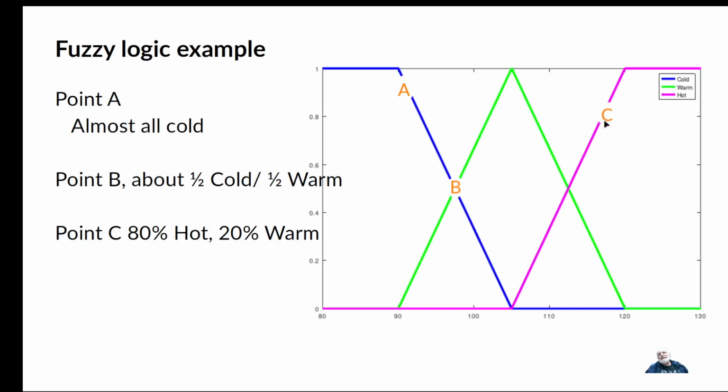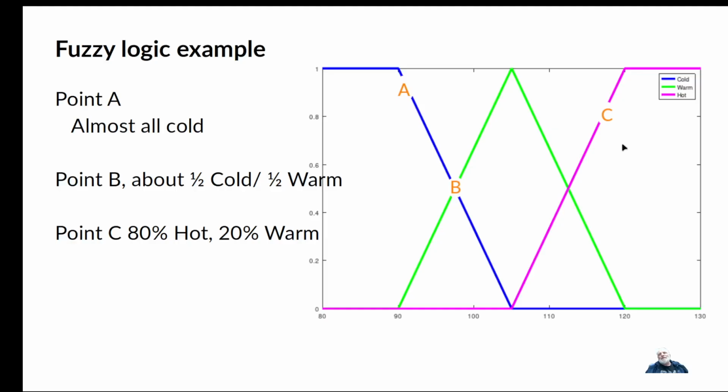Then if we look at point C over here, we're at about 80% hot, and that leaves about 20% warm in this particular case. So we're getting on the warmer side.